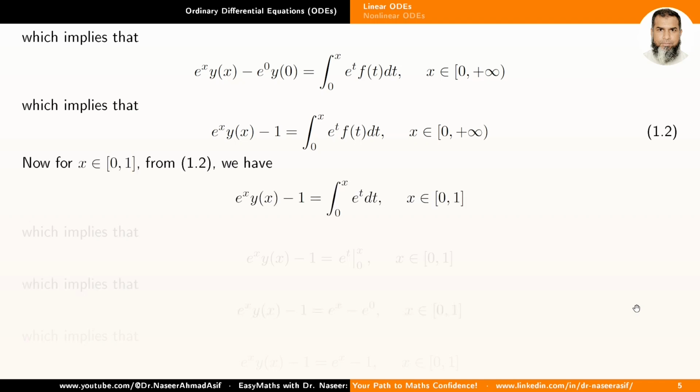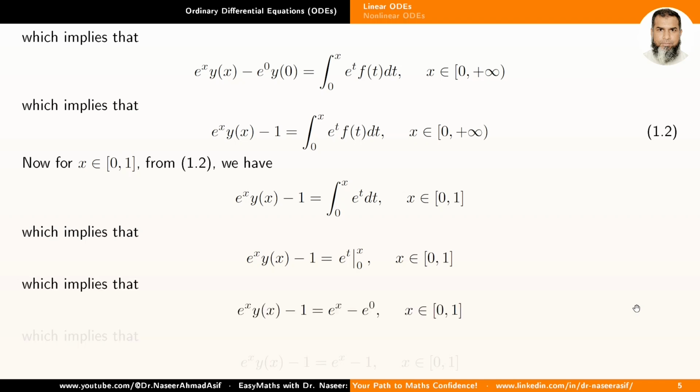Now for x in the closed interval 0 to 1, from equation 1.2 we have e^x y(x) minus 1 is equal to the integral from 0 to x of e^t dt, where x belongs to the closed interval 0 to 1. So e^x y(x) minus 1 is equal to e^t from 0 to x. So e^x y(x) minus 1 is equal to e^x minus e^0, which is e^x minus 1. So e^x y(x) is equal to e^x, where x belongs to the closed interval 0 to 1.